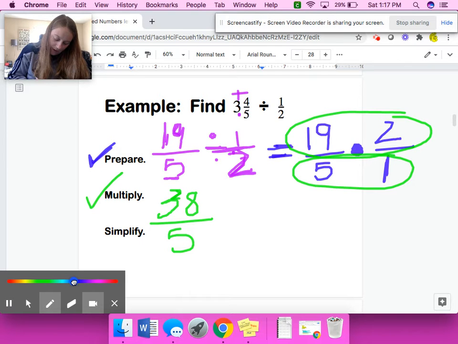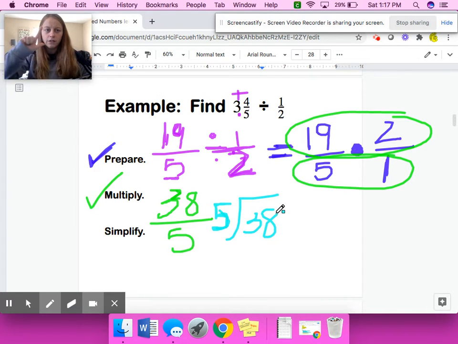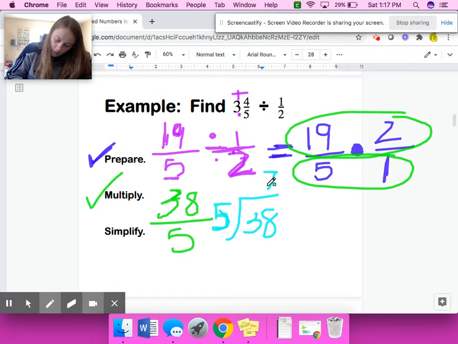So we need to figure out how many 5s go into 38. And we can do that by doing some long division here. 5 into 38. 5 does not go into 3, but it goes into 38. 5, 10, 15, 20, 25, 30, 35. Looks like 7 times, which gives us 35.